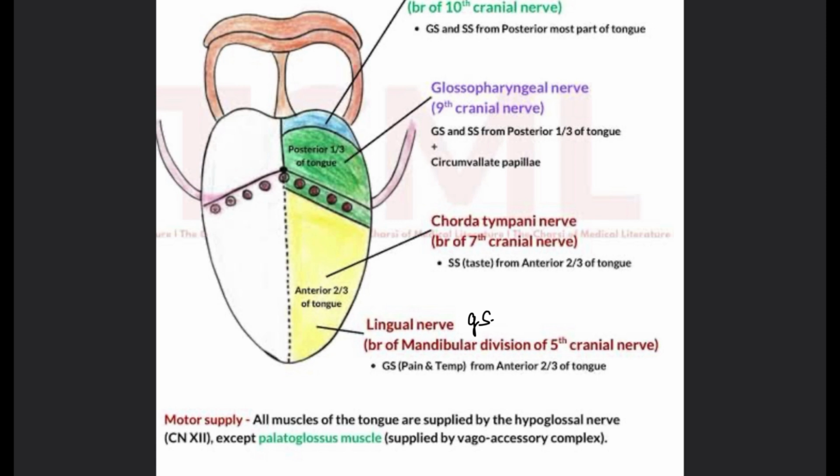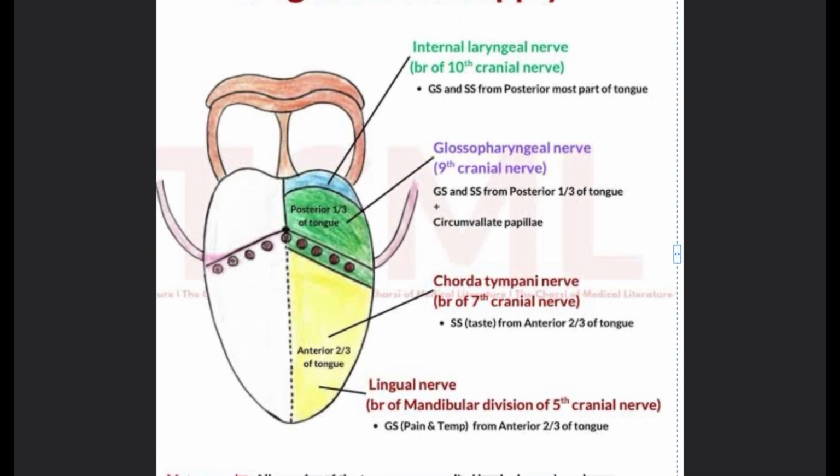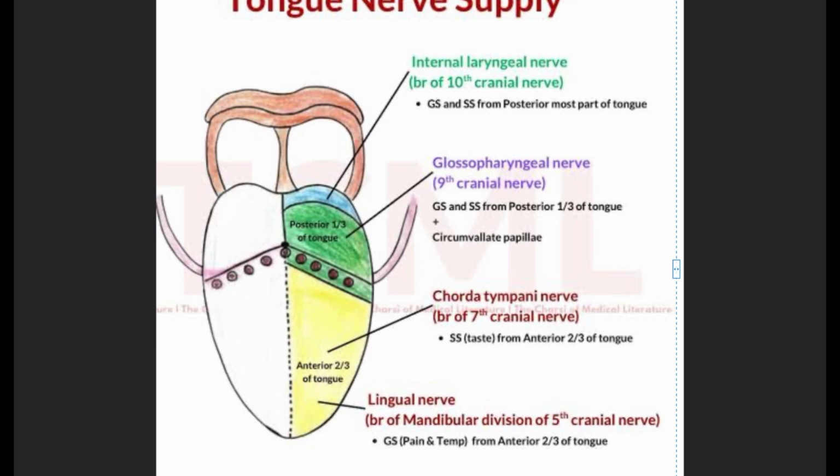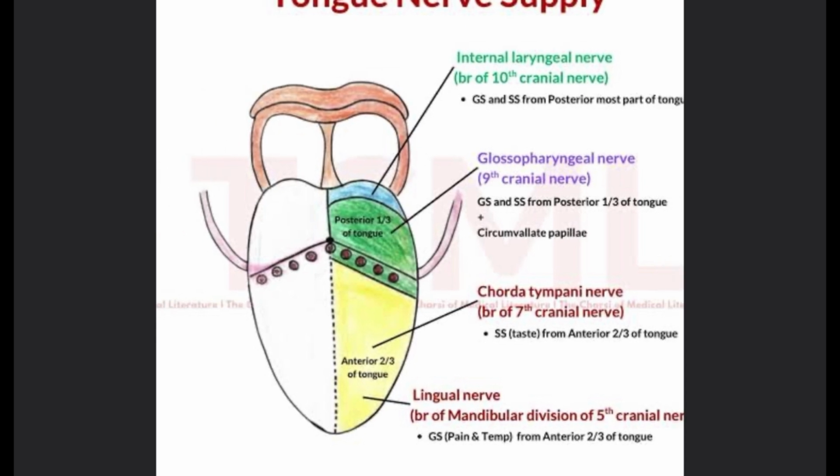Then comes the chorda tympani nerve, which is for the taste sensation in the anterior 2/3 part. Then comes the posterior 1/3 and the circumvallate papilla. So here general plus taste is by glossopharyngeal nerve, which is the 9th cranial nerve, and the posterior most part is the internal laryngeal nerve.